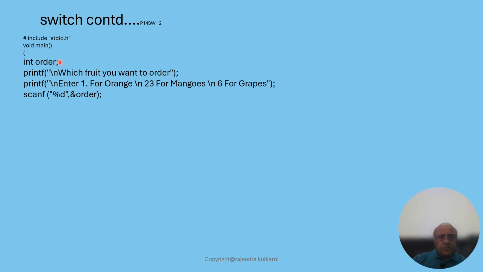In this program, we are again trying to understand some more aspects of switch. Only one variable is declared, int order. The program is asking the user which fruit you want to order. Enter 1 for orange, 23 for mangoes, 6 for grapes, and that input is assigned to the variable order.